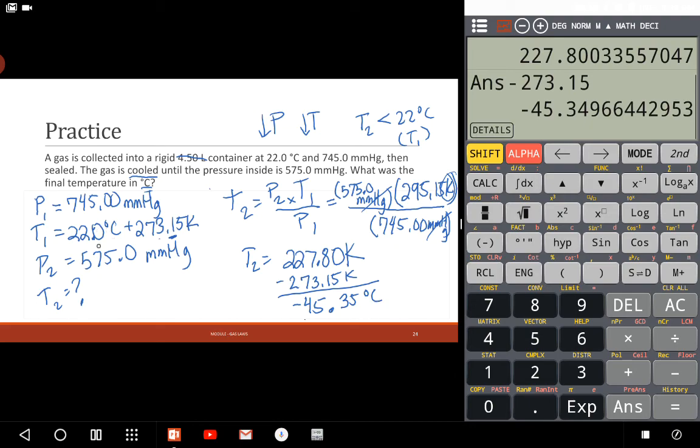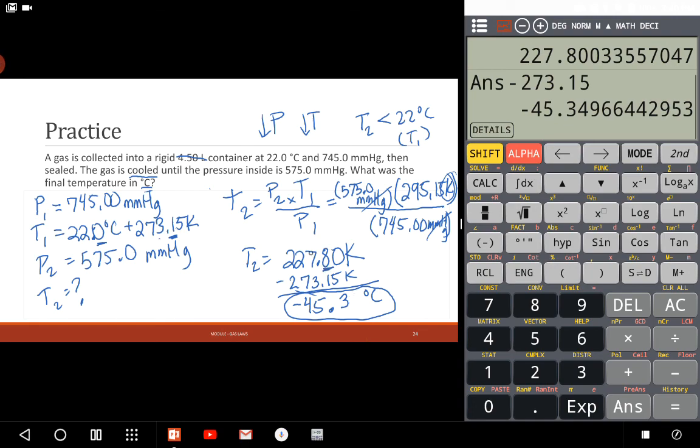Let's figure that out. This is significant to the ones place here, and so that's going to have 4 digits. I need 4 digits. So there we go. Actually, I do not need 4 digits. That's ignoring the subtraction rule for sig figs.